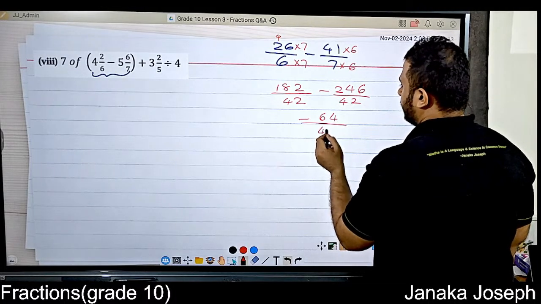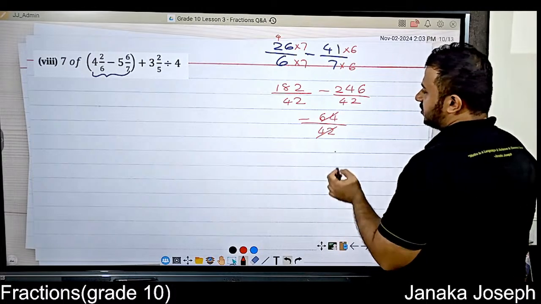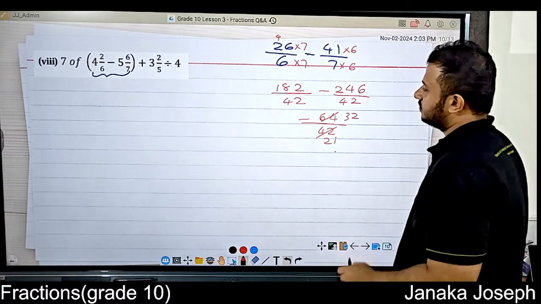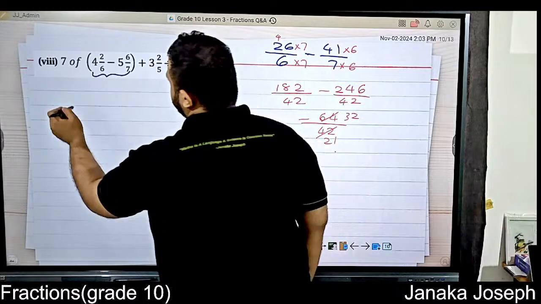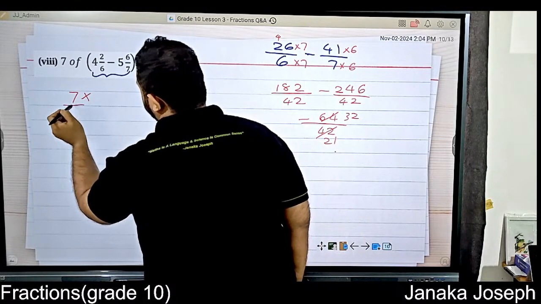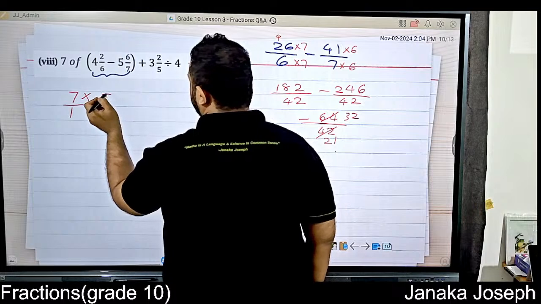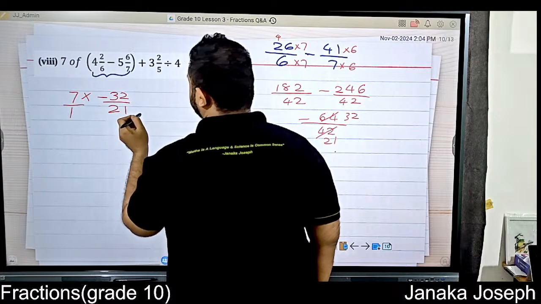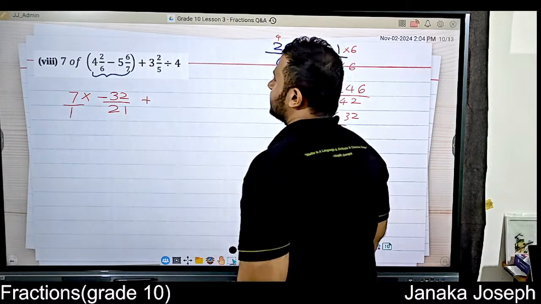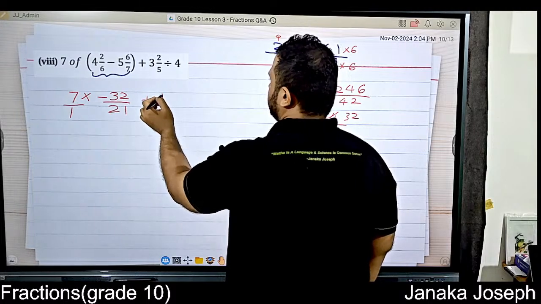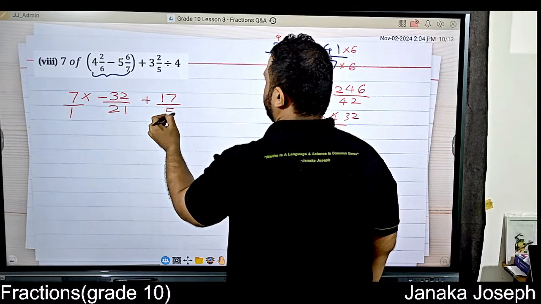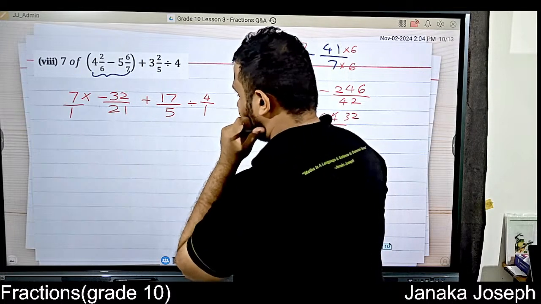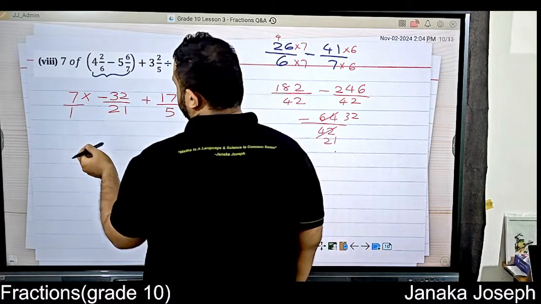Over 42, which you can simplify by 2 timetables, 32 and a 21. So you will get 7 over 1 times negative 32 over 21 plus 5 times 3 is 15 plus 2 is 17 over 5 divided by 4 over 1, but that multiplication should get done first because it's multiplication.